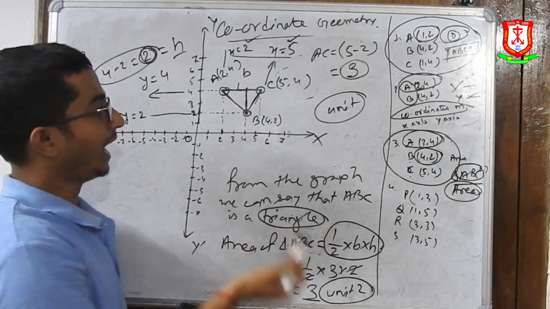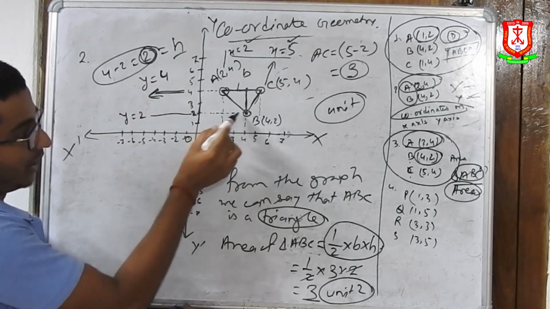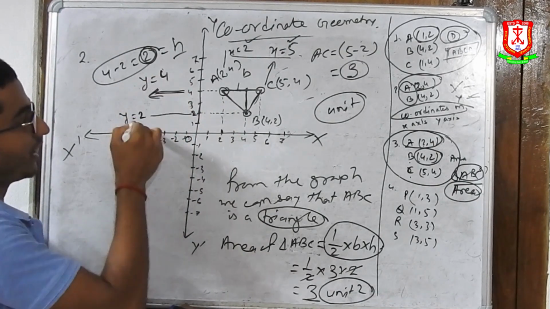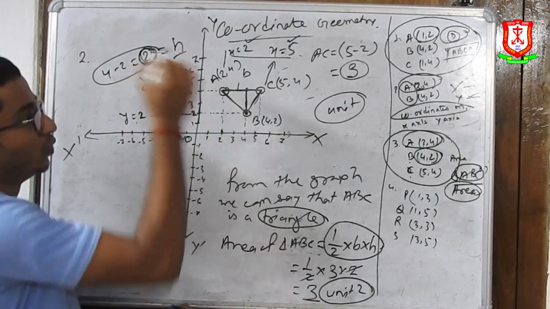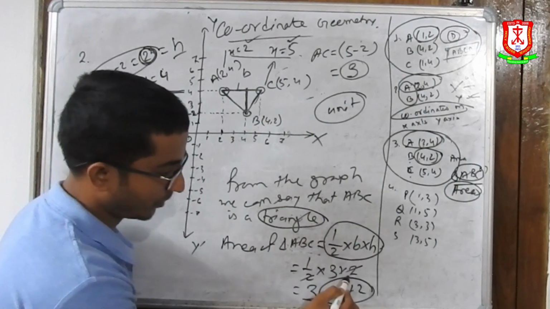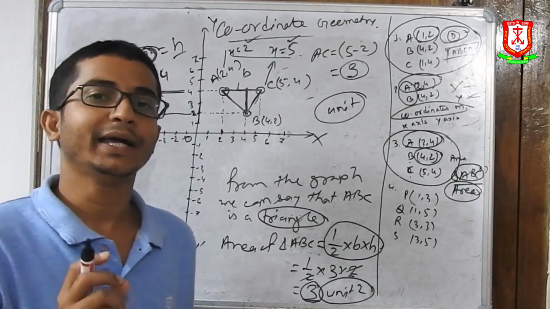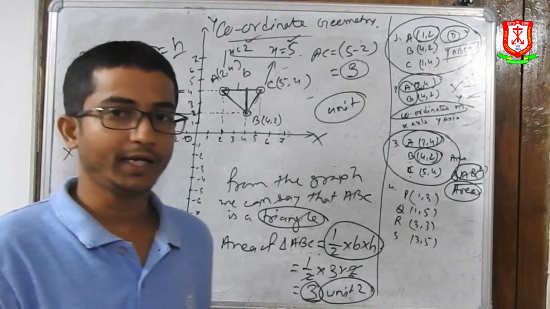We got the base. For the height, the value of y here is 4 and here it is 2. The difference of these two values is 2, and this is the perpendicular height. So after cancellation, we got 3 unit square. This is the area of the required triangle ABC.